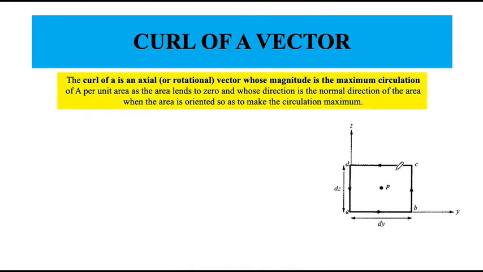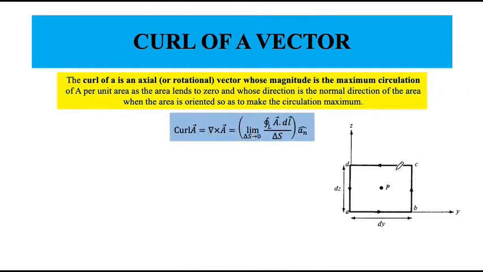So the curl is given by the cross product between del operator and vector, that is defined as the curl of a vector. Here delta S is the area bounded by curve L, and a_n is the unit vector normal to the surface bounded by the curve, determined by the right hand rule.